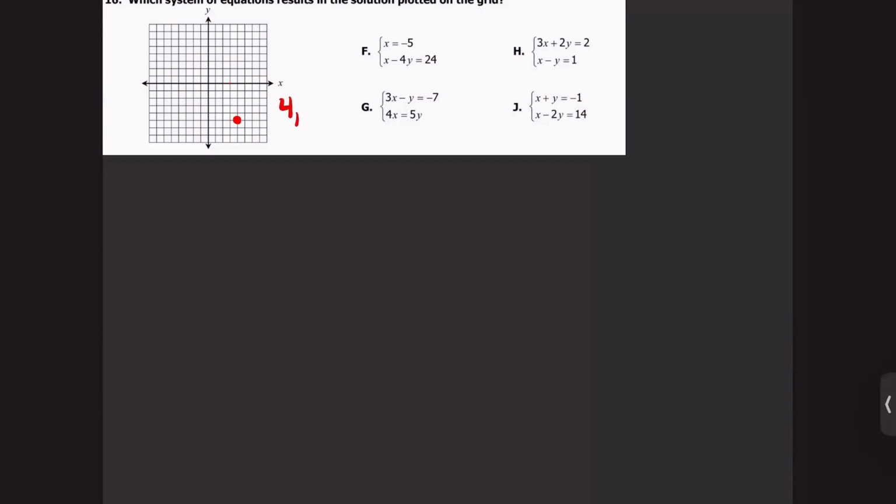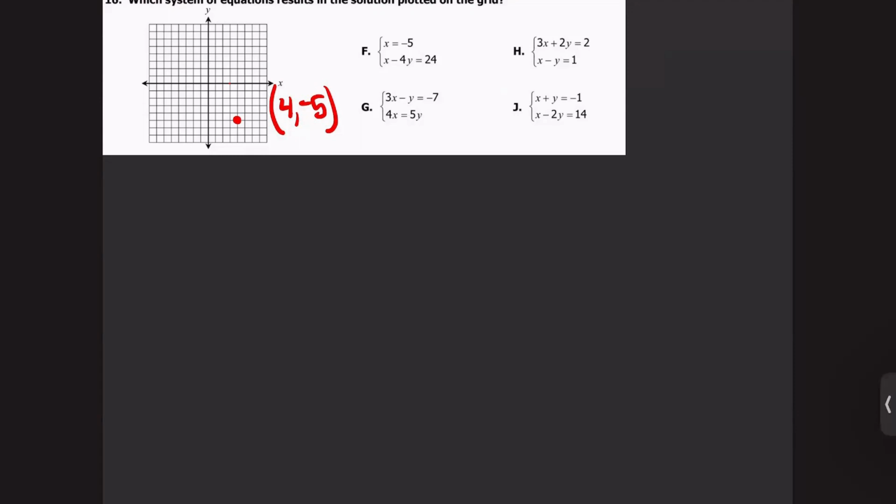My y value is -5. Okay. So now we need to find which one of these systems of equations will equal this solution. So which one has an x value of 4 and a y value of -5?